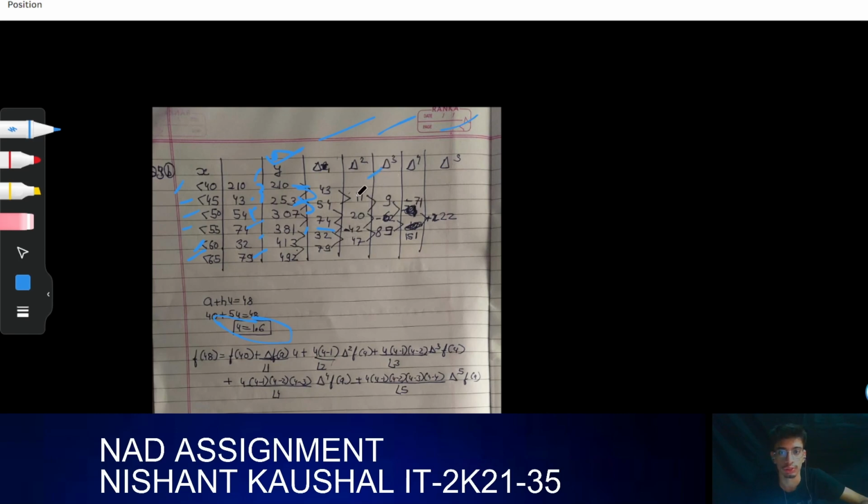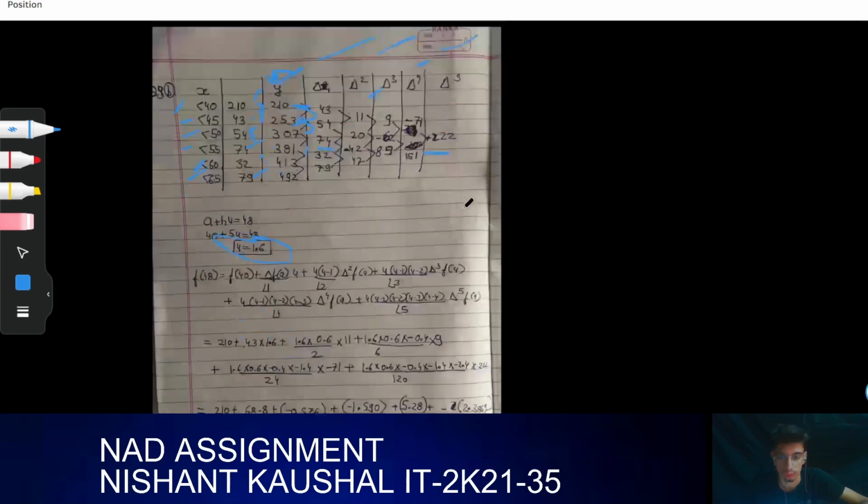Similarly, for del cube, it will be 20 minus 11, minus 42 minus 20, 47 minus minus 42. For del 3, it will be 9 minus 62, minus 62 minus 9, sorry, and 89 minus 62. Now del 4, it will be 151 minus 72, which will be the answer 222.